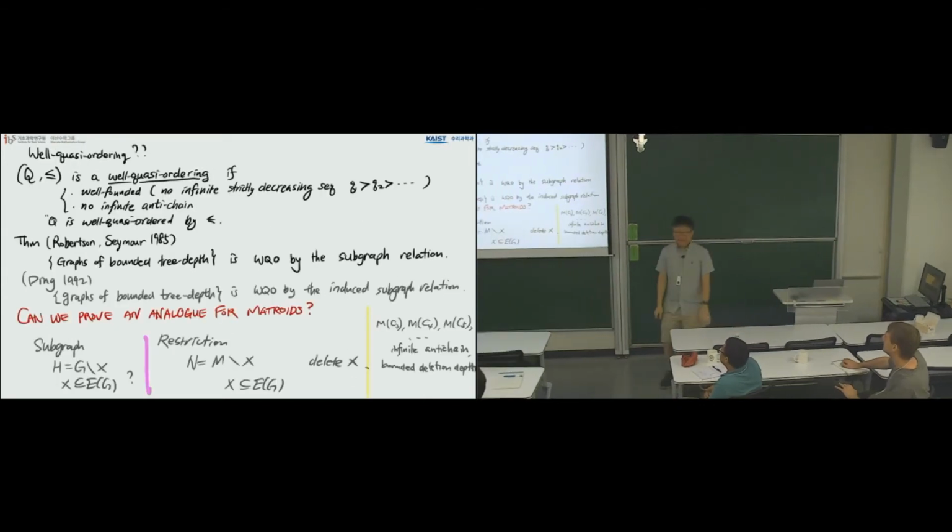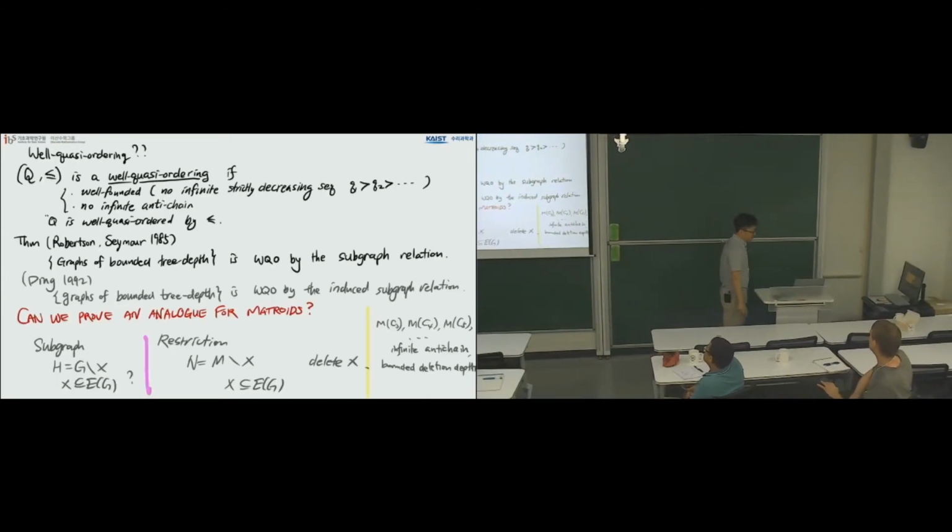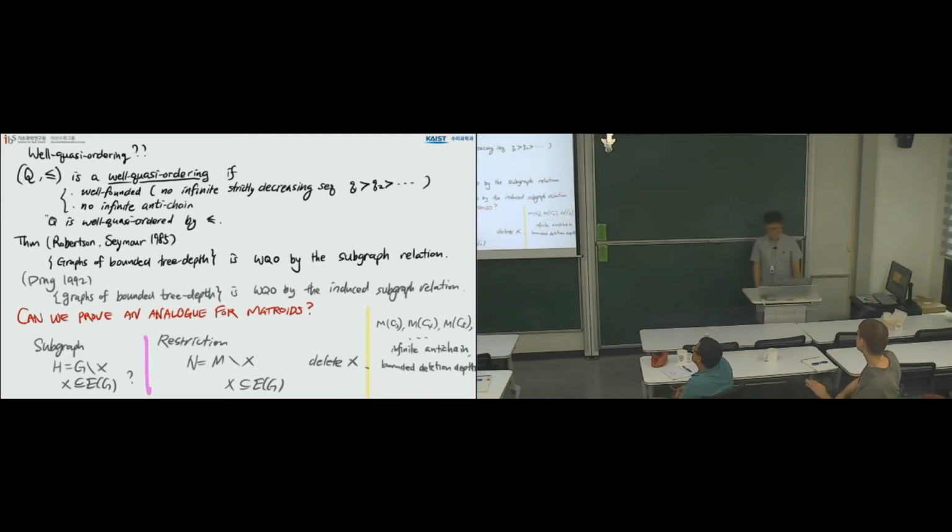Alright, and then well-quasi-ordering. There is a theorem for graphs that proves that graphs of bounded tree depth are well-quasi-ordered by subgraphs. In 1985, there's a survey paper by Robertson and Seymour that just mentioned this without proof, because this was easy, and when I was a graduate student, this was a homework problem.